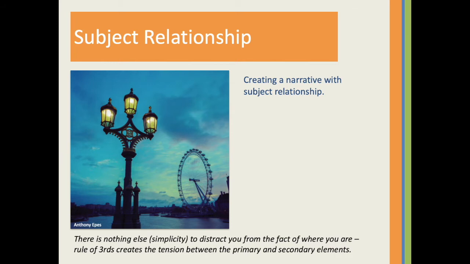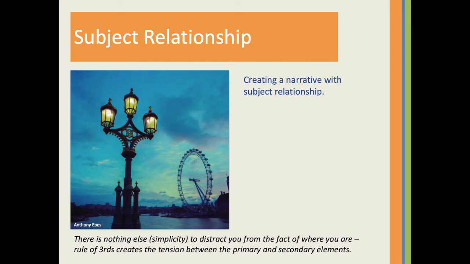I've talked about storytelling and building relationships between elements a few times already. Relationship between elements is so important in creating a narrative when subjects cannot speak for themselves, so that they can tell what and where they are. And really, that's what subject relationship is all about.